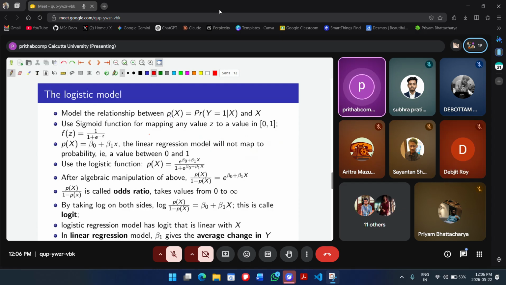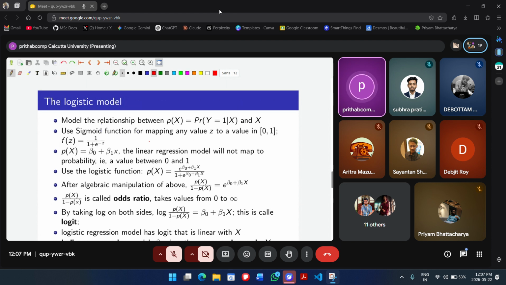So what we want is a relationship between x and the probability of y equal to 1 given x, p of x. This is the kind of relationship I want to build.